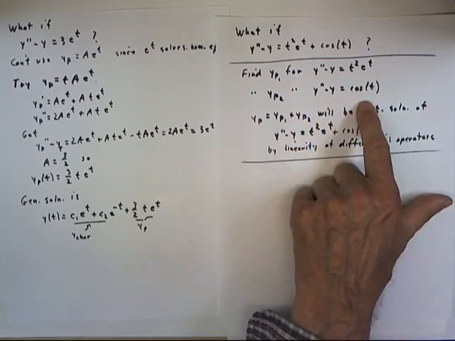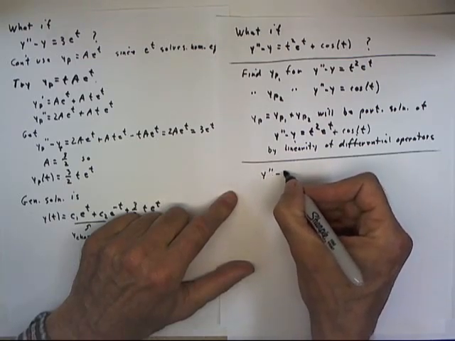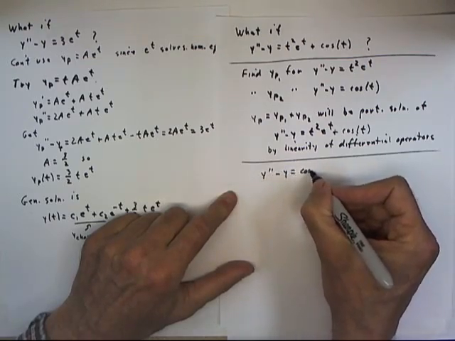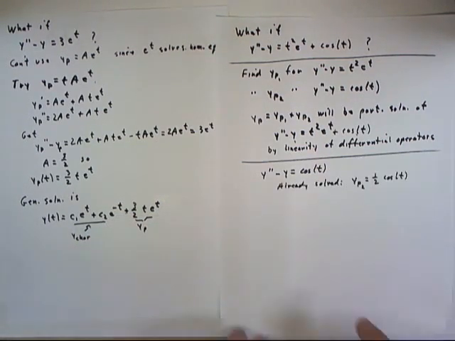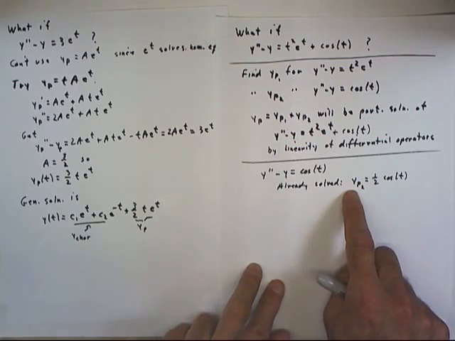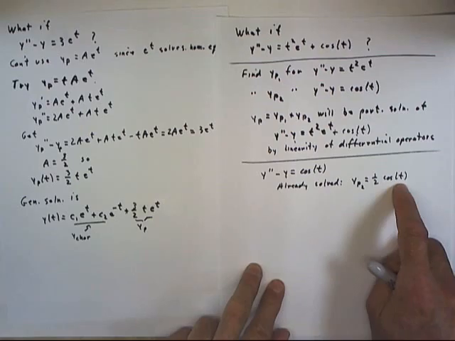Now let's look at the second equation, which is y double prime minus y equals cosine of t. This equation has already been solved. Our particular solution is 1/2 cosine t.